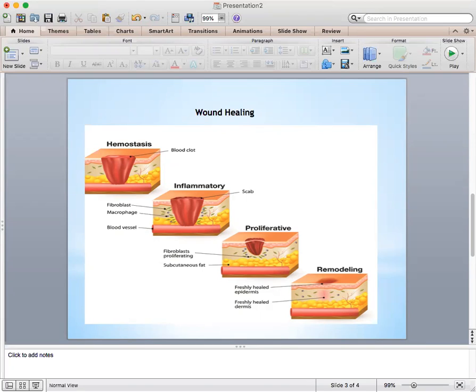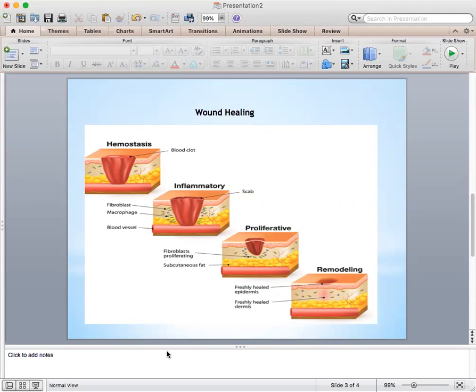And fourth phase is remodeling. So these four phases are overlapping and they are associated with each other to heal the wound. For a proper healing process, these four phases are supposed to occur at a particular time, one after another at regular intervals.